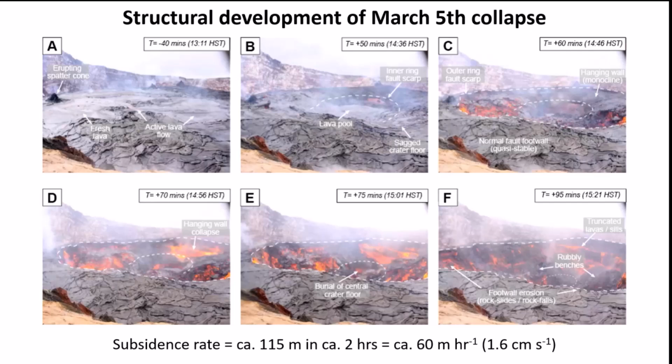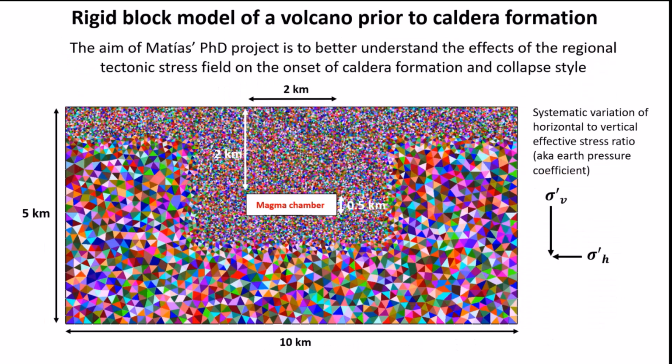So the question is obviously, what is the underpressure? What sort of critical underpressure do you have to reach until that thing goes down? With a student from Chile, where there are many volcanoes, whom I'm co-supervising, we designed this rigid block model. I know it's two-dimensional, but let's stick to 2D first.